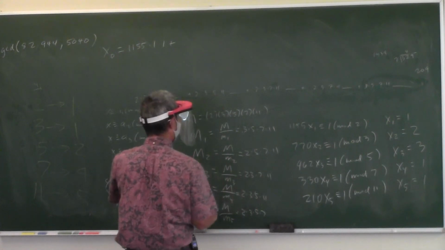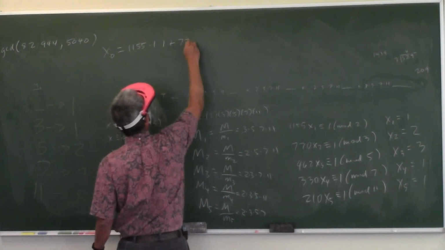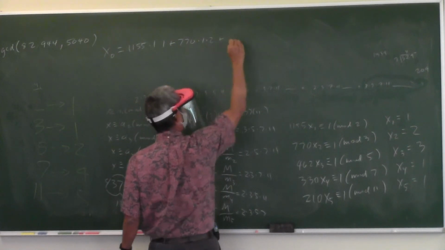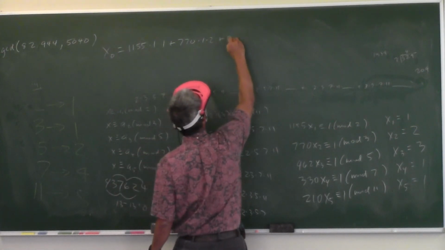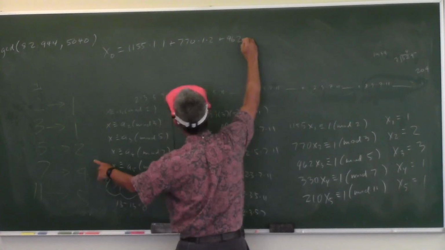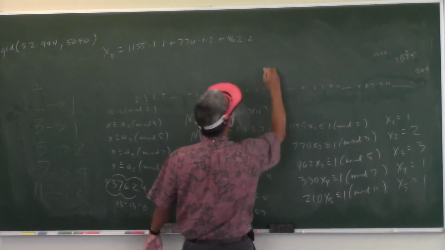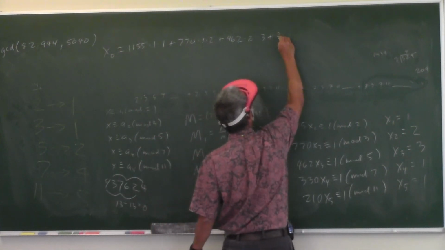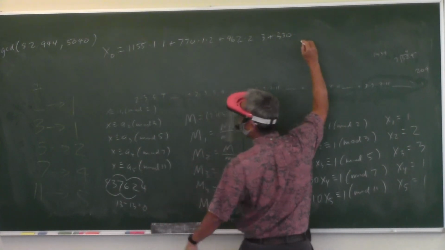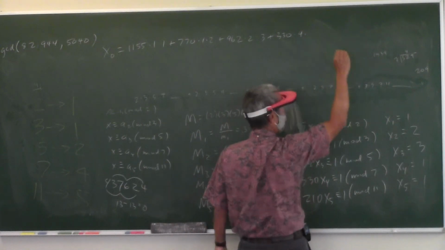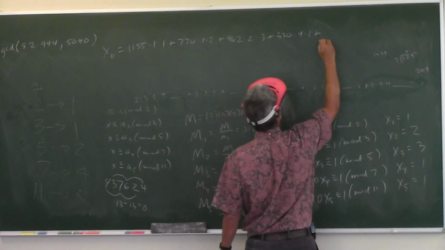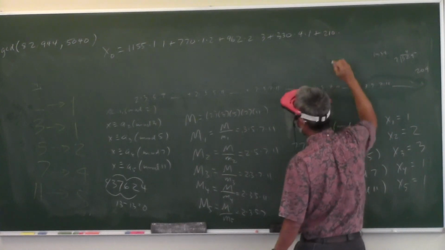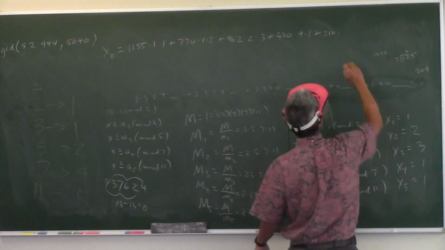So what's the next M? 770 times 1 times 2, plus 462 times 2 times 3, plus 330 times 4 times 1, and then finally 210 times 5 times 1.